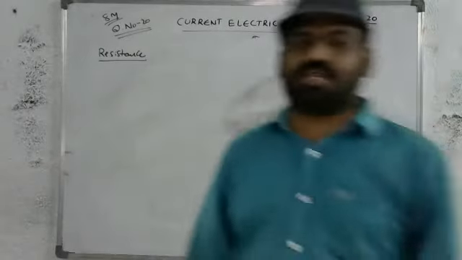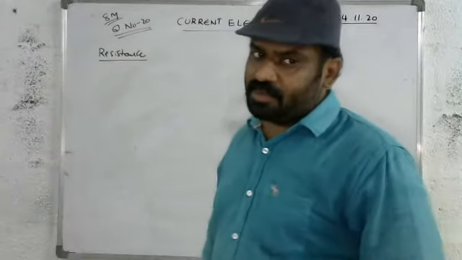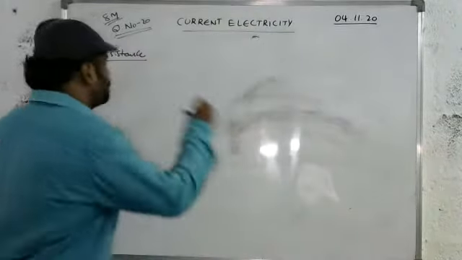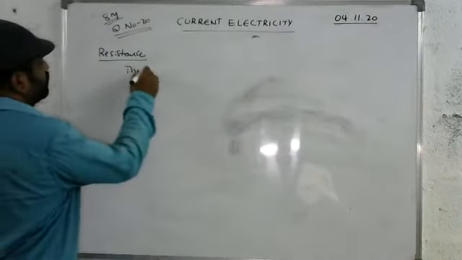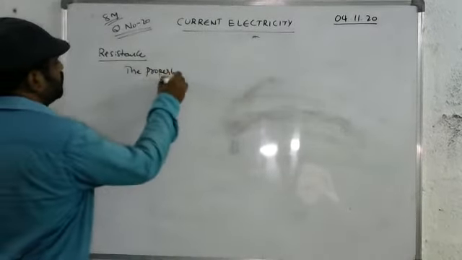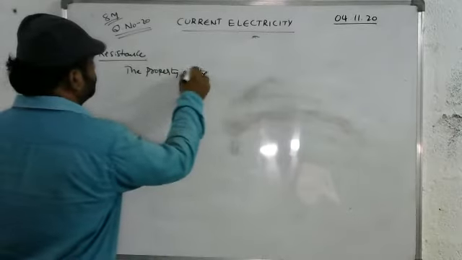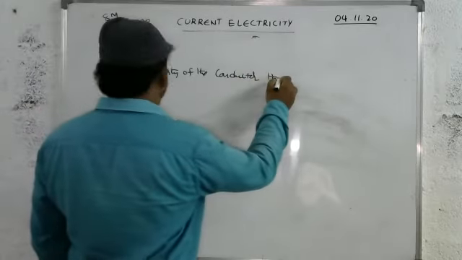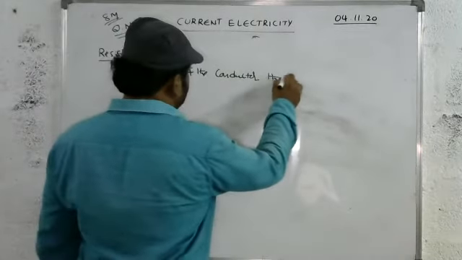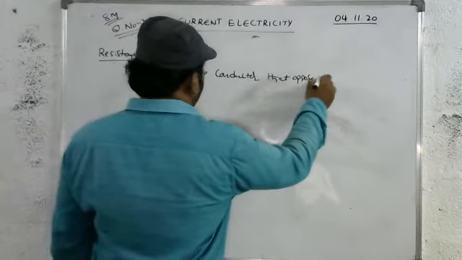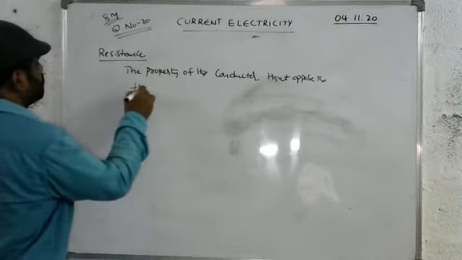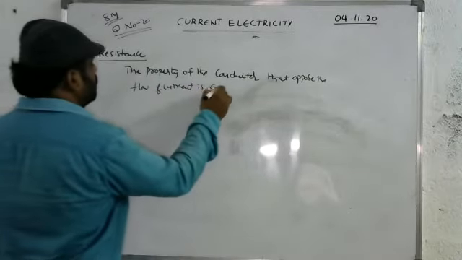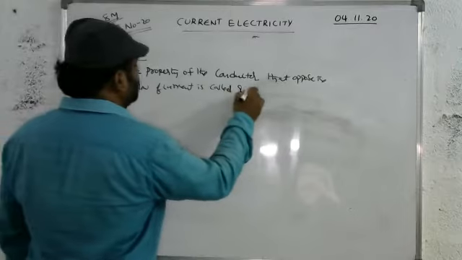The property of the conductor that opposes the flow of current is called resistance.